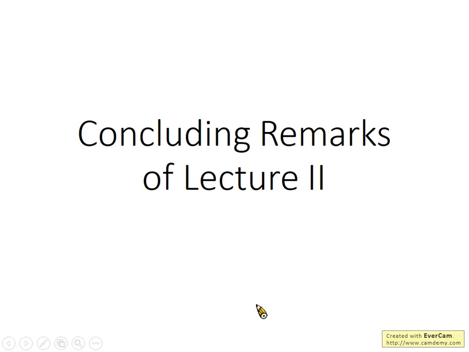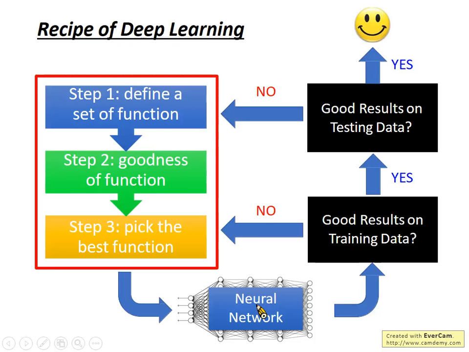So in conclusion, when we do deep learning, we first define a network structure, which corresponds to defining a set of functions. Then we define the goodness of a function, and then we use the gradient descent algorithm to pick the best function.